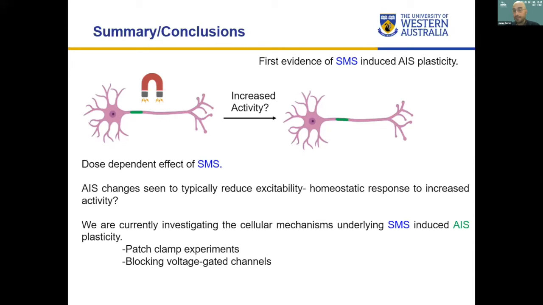And then we're also looking at the mechanisms involved. So we're seeing, is this a sodium or a calcium channel dependent process? So all in all, this is just preliminary data, but it's really exciting and demonstrates that static magnetic stimulation may be able to target axon plasticity in the future.